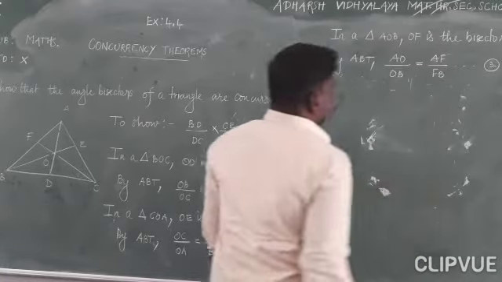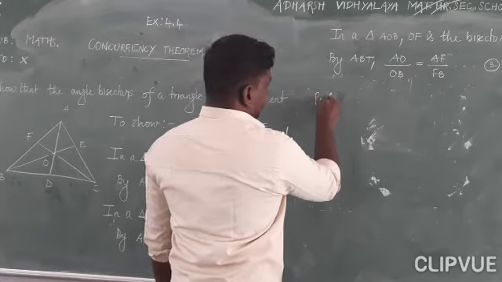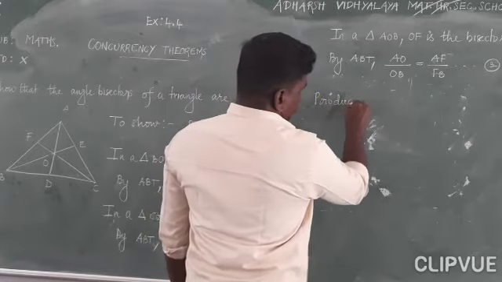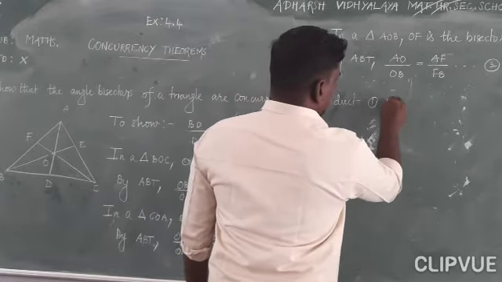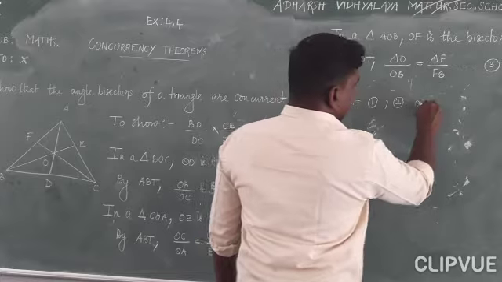This is 3. So take the product of 1, 2 and 3.